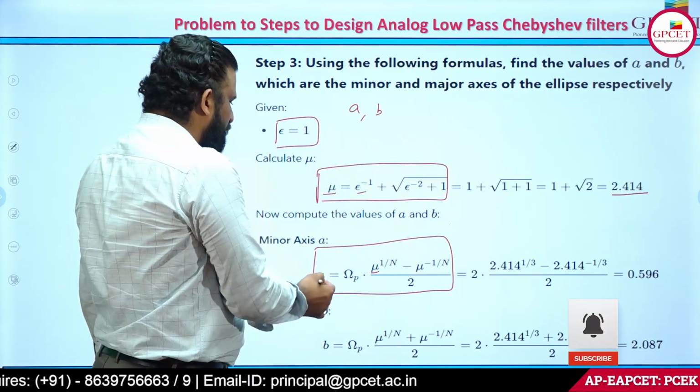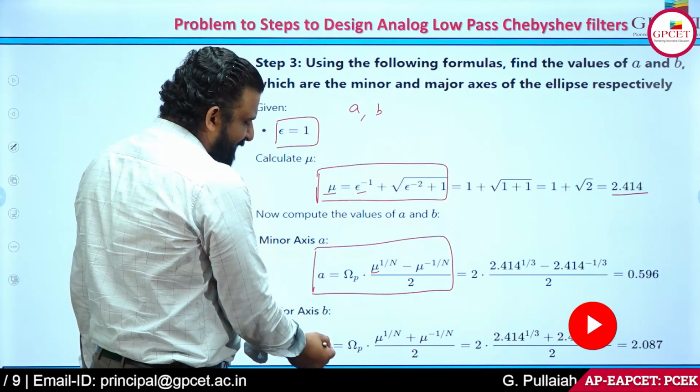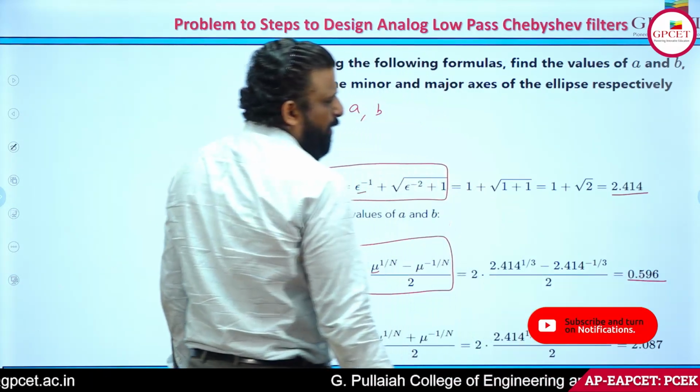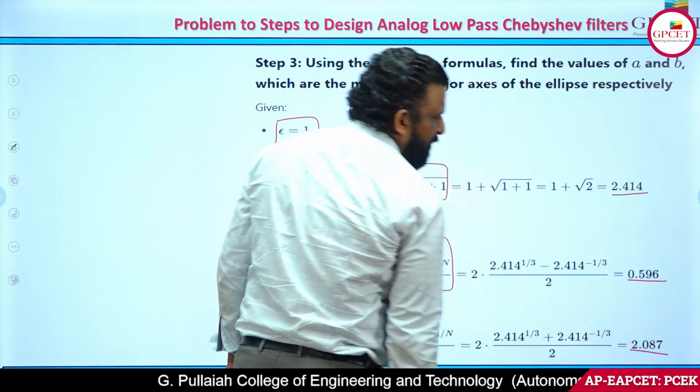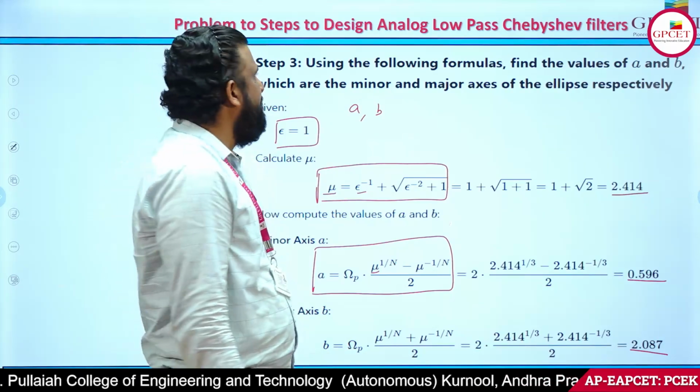After knowing mu, we can find the values of A and B, the minor axis and major axis. The minor axis we got here is 0.596, and the major axis B is 2.087. So we calculated the major and minor axes in the third step.